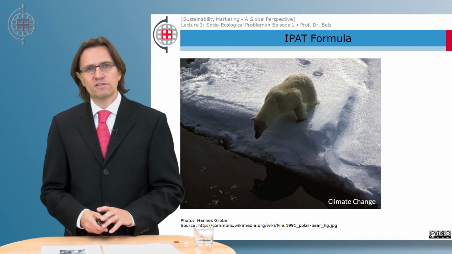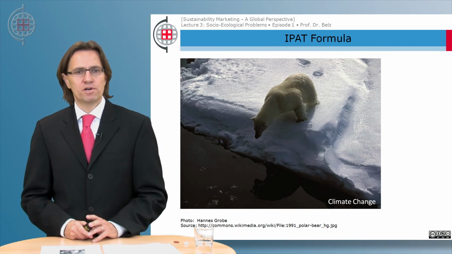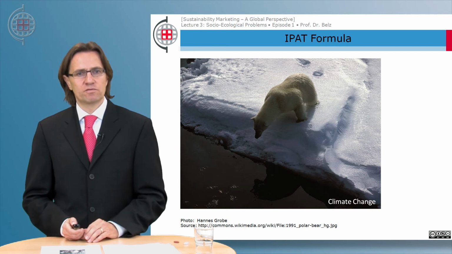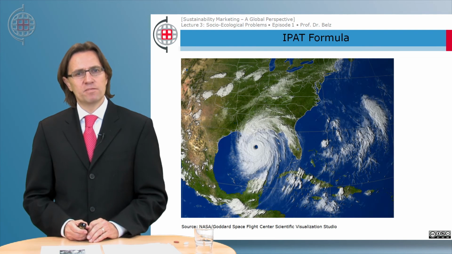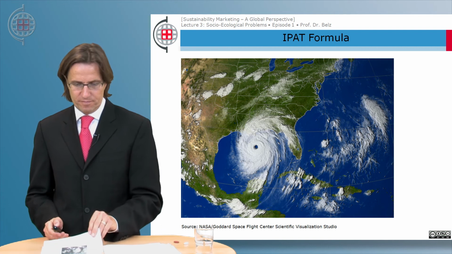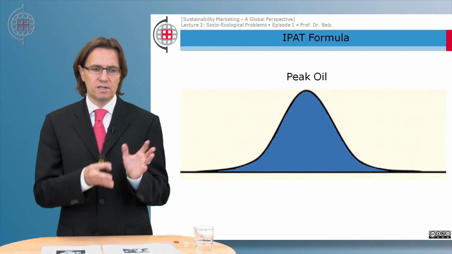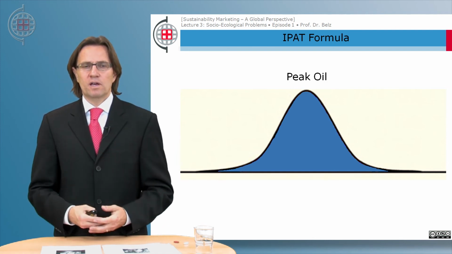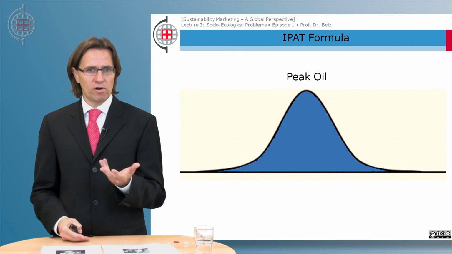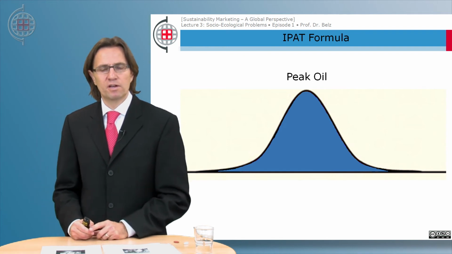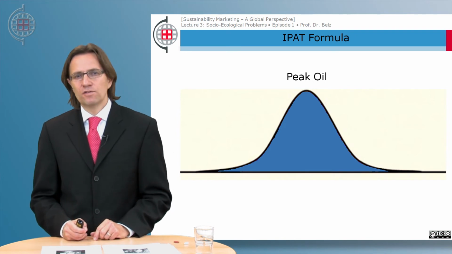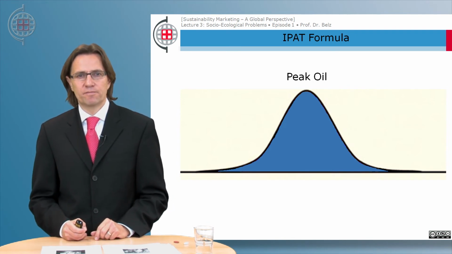Air emissions, especially CO2 emissions, are supposed to lead to climate change and an increasing number of disasters and hurricanes, as you can see here in the case of Hurricane Katrina in 2005. Let's have a look at the input side, the resources. And we have already seen that oil is a very important resource for our consumer and industry society.